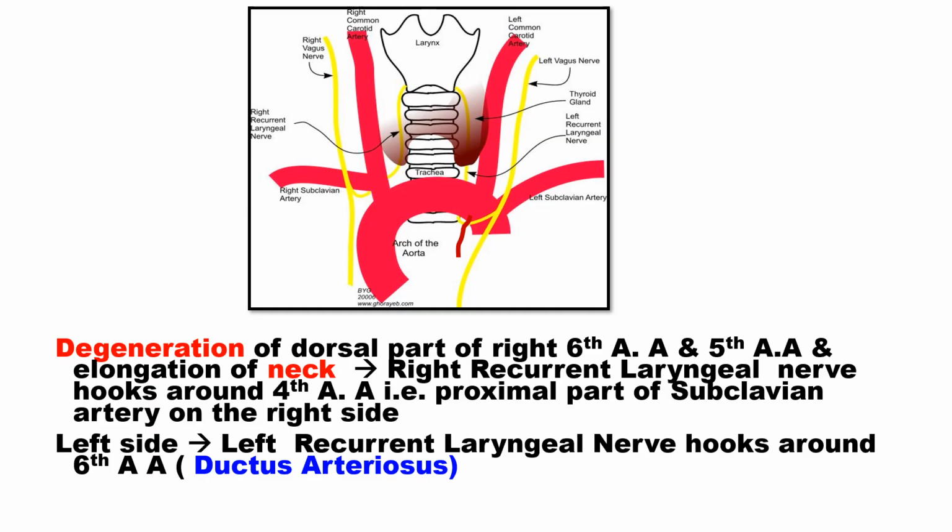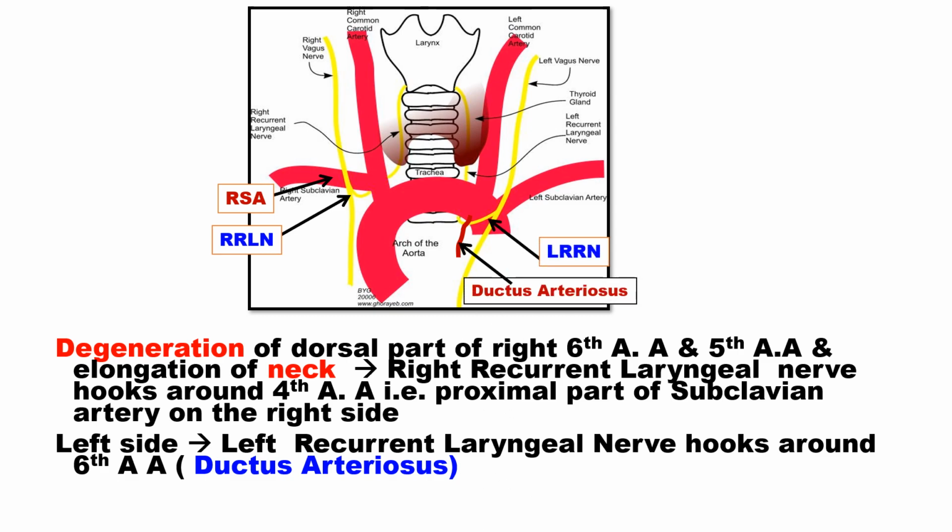The right recurrent laryngeal nerve hooks around the fourth aortic arch artery, the proximal part of the subclavian artery on the right side. On the left side, the left recurrent laryngeal nerve hooks around the sixth aortic arch artery, that is, the ductus arteriosus.